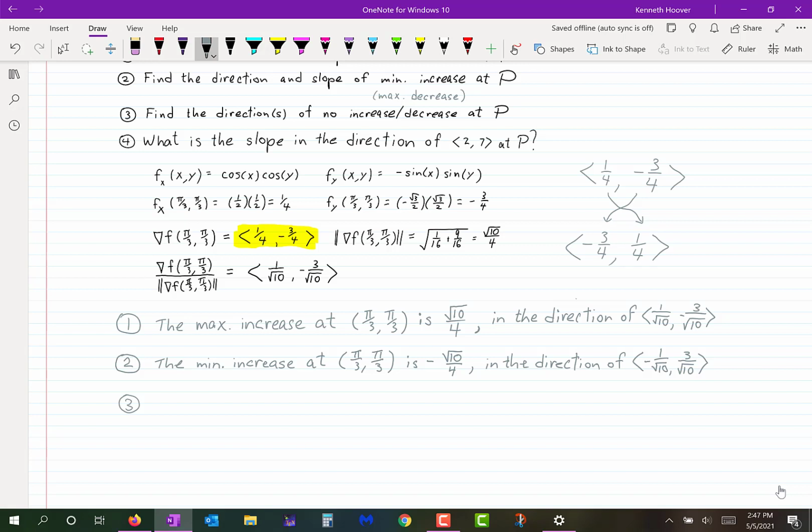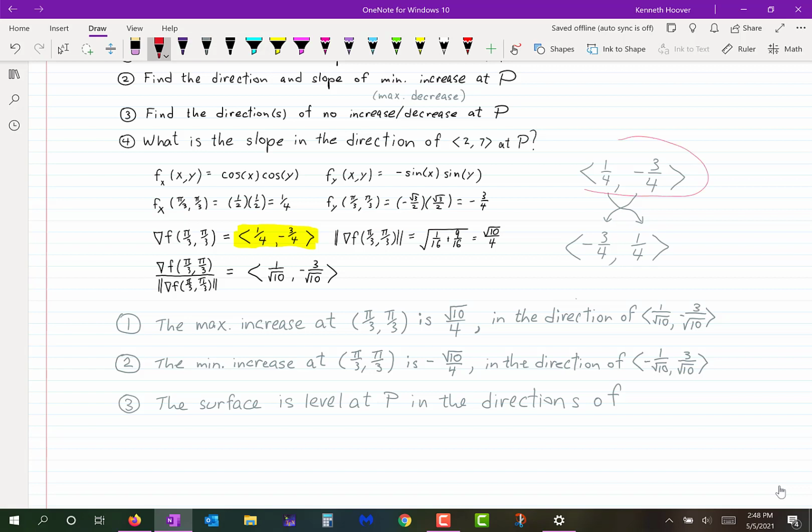So therefore, I could put here, the surface is level at P in the directions of, so remember what I said?